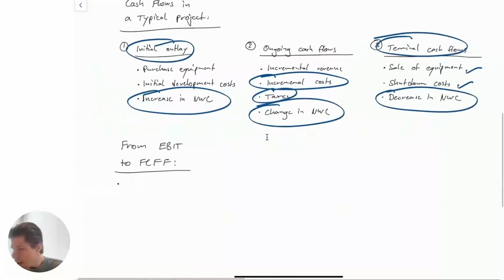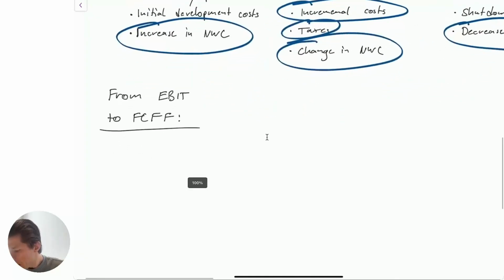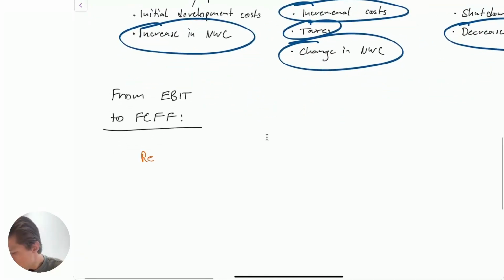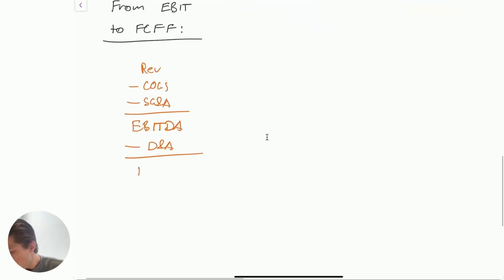Why that? If we look at EBIT, or again, if we look at the income statement: revenue, cost of goods sold, SG&A, then you have EBITDA, that's the formula we had earlier, minus D&A, then you have EBIT, minus interest.